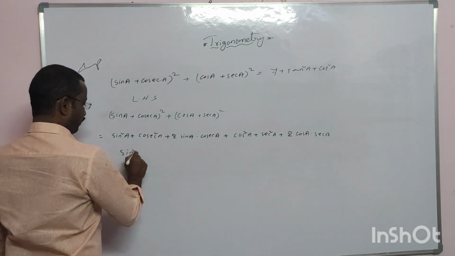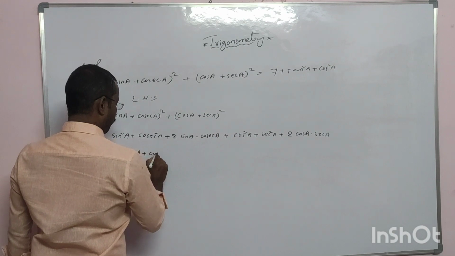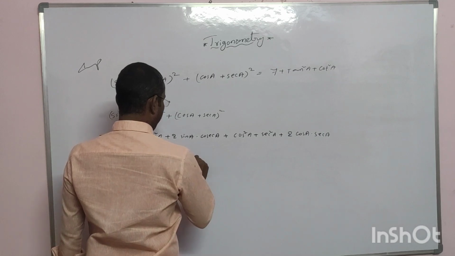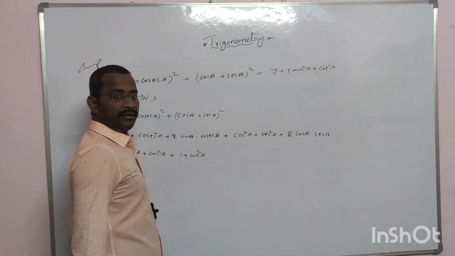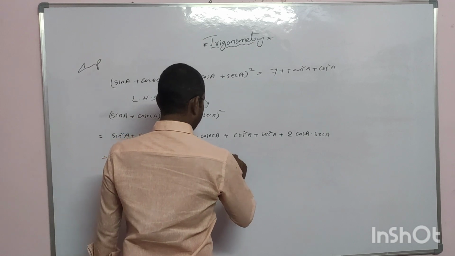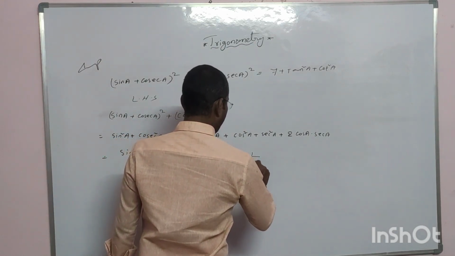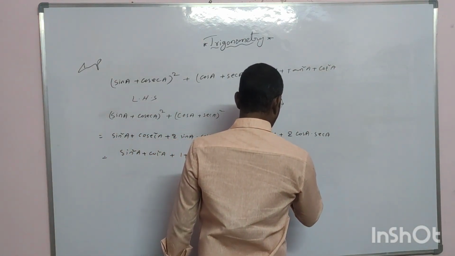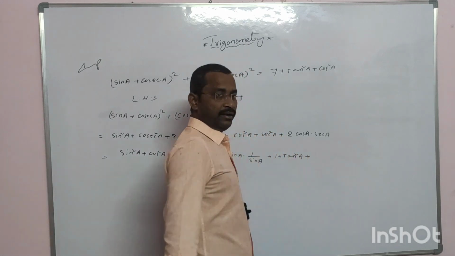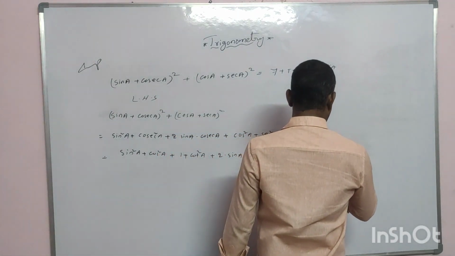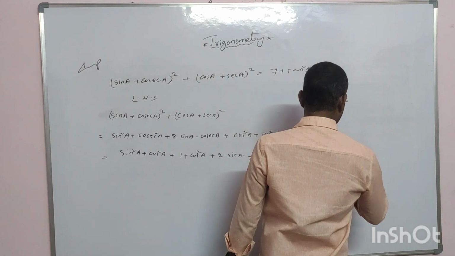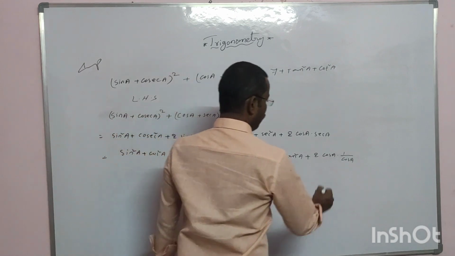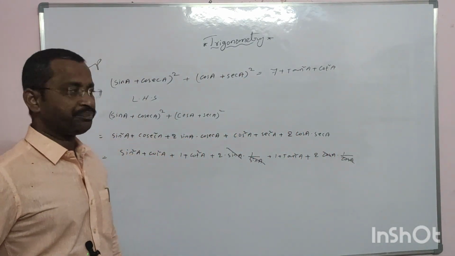Now I can write sin square A plus cos square A together. Next, cosec square A can be written as 1 plus cot square A according to the identity, plus 2 sin A. Cosec A means what? 1 by sin A. Sec square A is 1 plus tan square A according to the identity, plus 2 cos A. Sec A means what? 1 by cos A. Sin A cancels, cos A cancels.